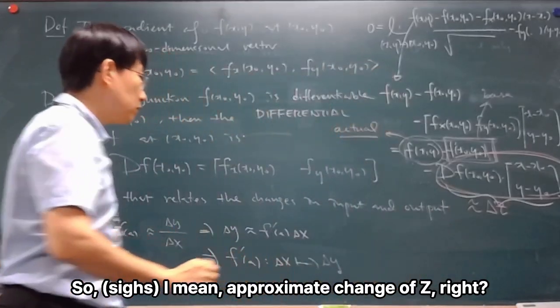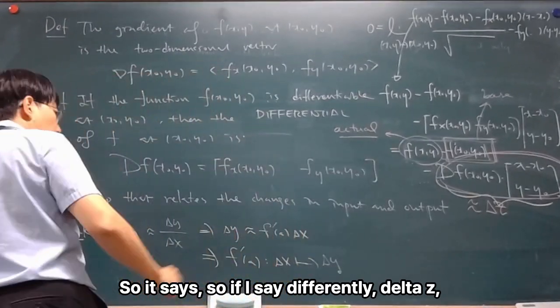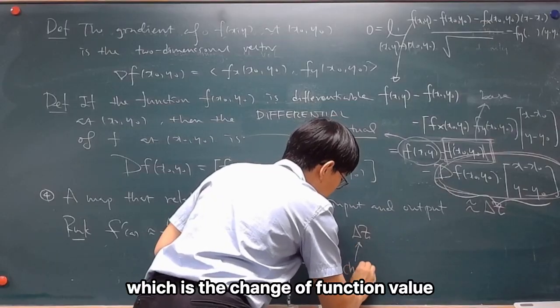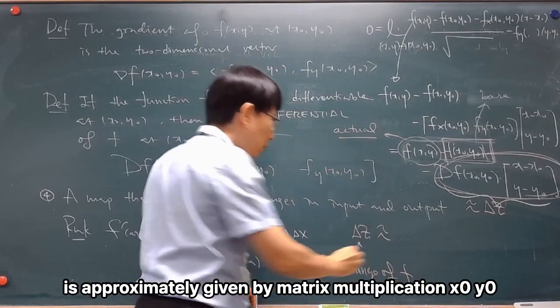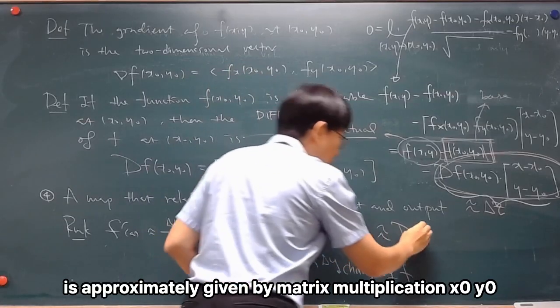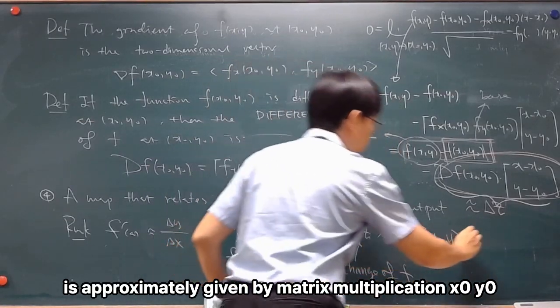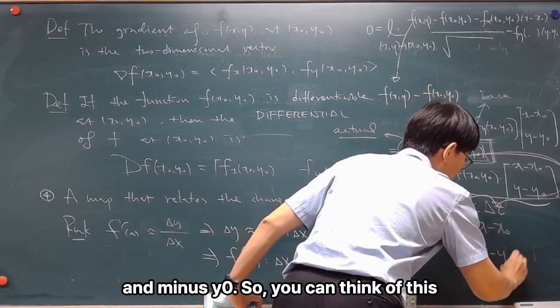So if I say it differently, delta z, the change of function value, is approximately given by the matrix multiplication of the derivative at (x0, y0) with x minus x0 and y minus y0.